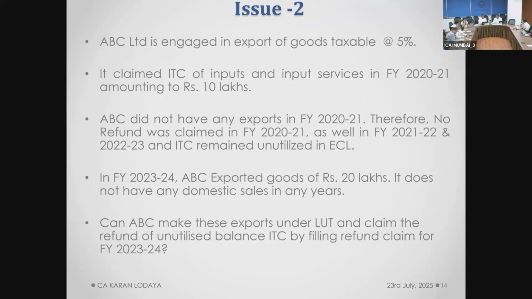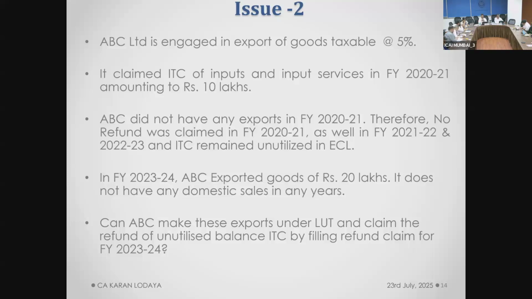Now coming to issue number 2. ABC is engaged in the business of export of goods which is taxed at 5%. It has claimed ITC in FY 2021 of 10 lakh rupees. Thereafter, for 2021 they do not have any export. For 21-22 also they don't have any export. 22-23 also they don't have. So ITC remains in the ECL ledger. Thereafter, in 23-24, they had an export turnover of 20 lakh rupees.